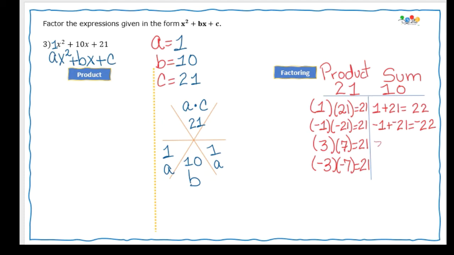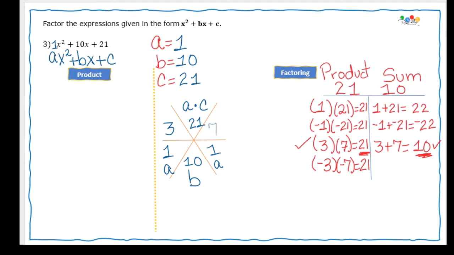Start with the first one. 3 plus 7 gives me 10. And guess what? Bingo, that's the one that I'm looking for. I wanted 21, but I also wanted a 10. So I can see that my two factors are going to be 3 and 7. My 3, I'm going to put over here. It doesn't really matter which section, but you can put it right there.